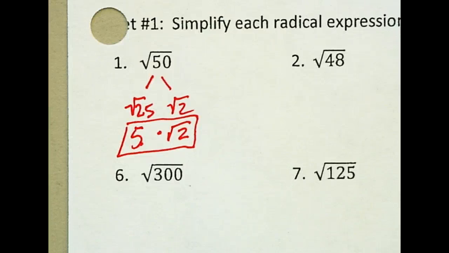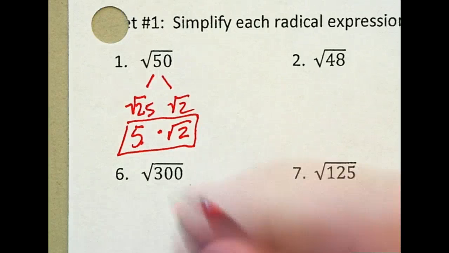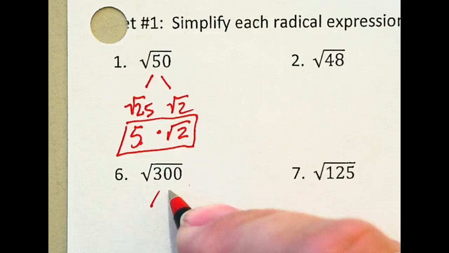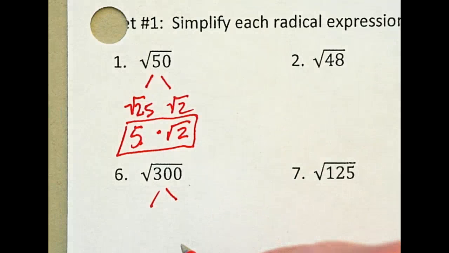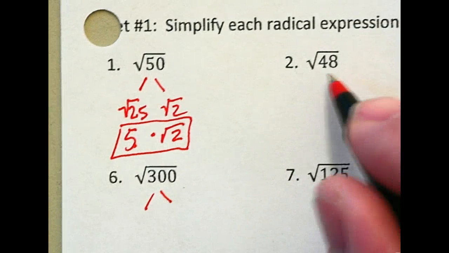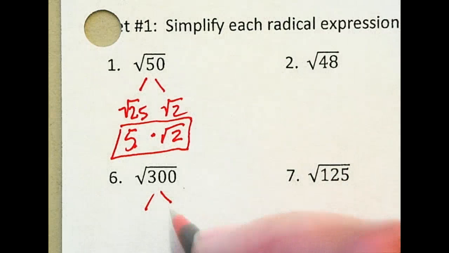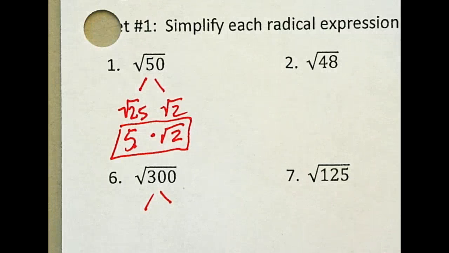All right, person number 9. Mackenzie, what do you got? I got root 16, root 3. Oh wait, never mind. Did you do this one? Yep. Okay. How about this one? What perfect square goes into that? Trinity?